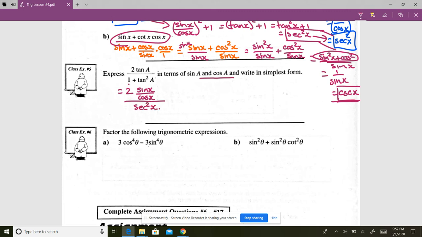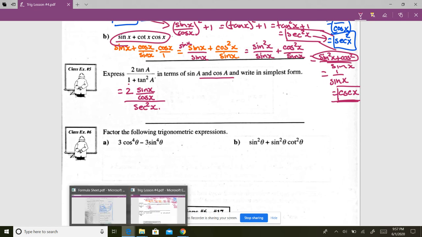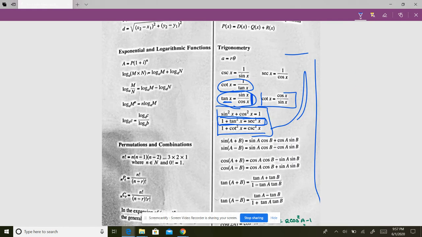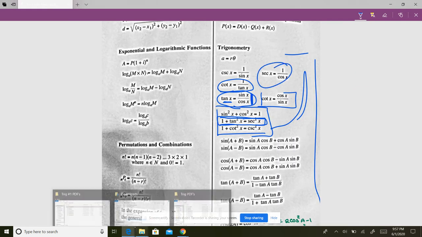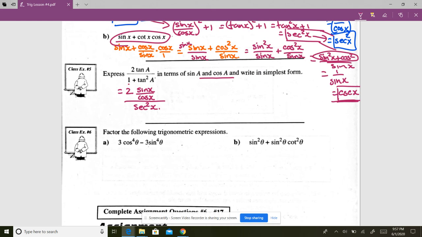What is secant? If you don't remember, go to your formula sheet. Secant is 1 over cos. So this becomes 2 sine x cos x over 1 over cos squared of x. Hopefully you remember how to divide fractions.